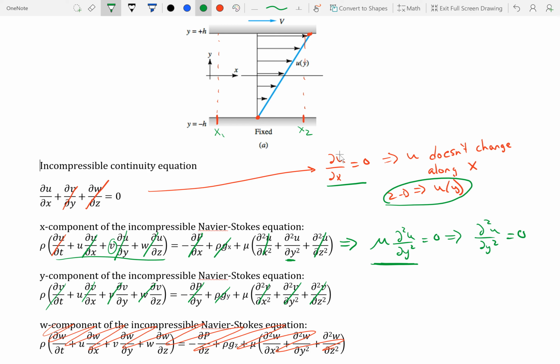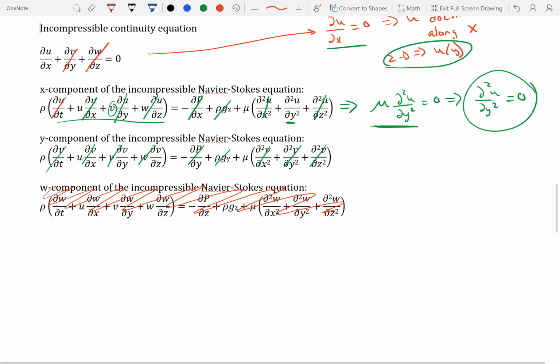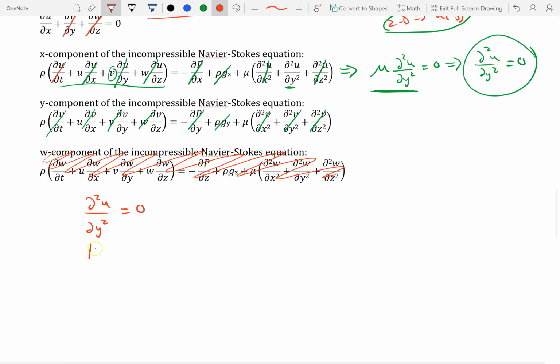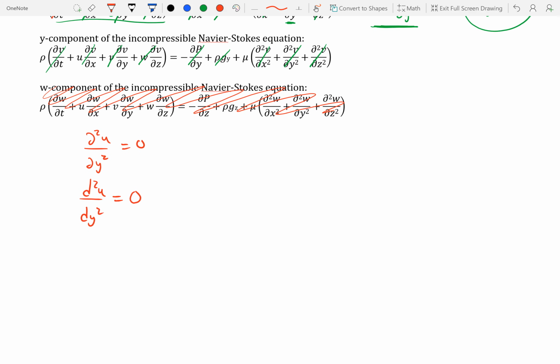So now what we're going to do is solve that differential equation. I'm going to do that down here. Now, this is partials. We don't have to do partials anymore because it's only one variable, which is y, and that's 0. All right, so what we do is we can call that u double prime, and we're going to integrate it.